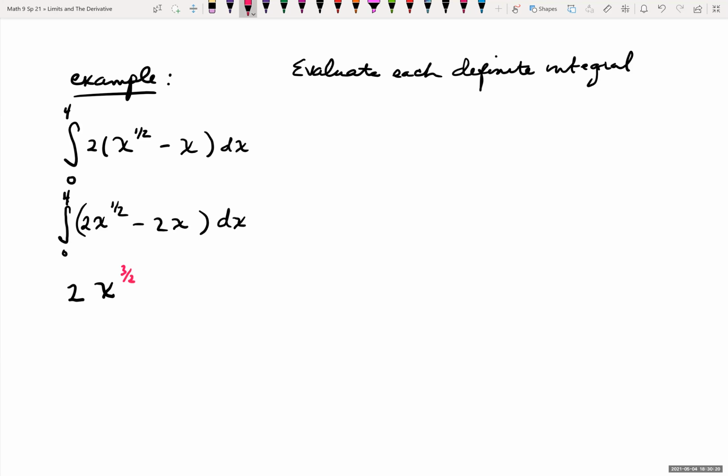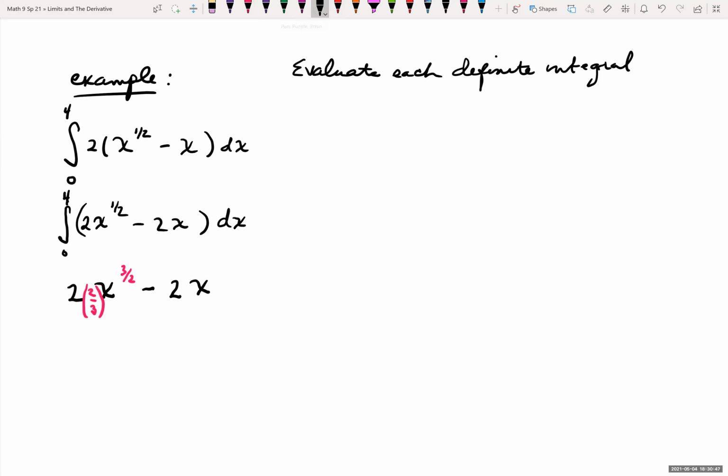Last week I said, if we're going to divide by a fraction, then just think of it as multiplying by the reciprocal, so we don't have to worry about it later. So if we're dividing by 3/2, that's the same thing as multiplying by the reciprocal, which is 2/3. Minus 2, leave the 2 alone, and now we add 1 to our exponent.